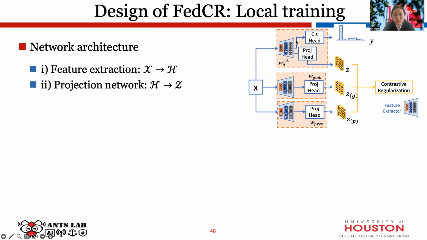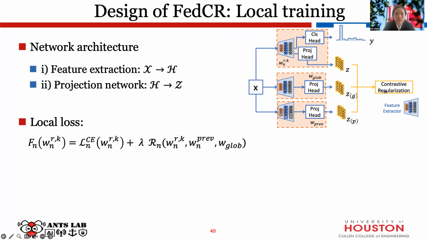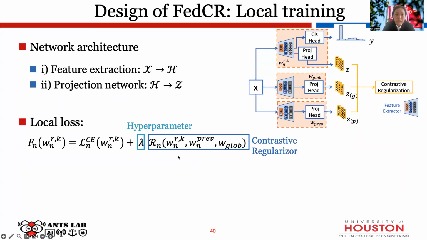And the feature map is also attached to a classification head to do the image classification task. So we aim to introduce this regularization term in our training objective. Here lambda represents the hyperparameter, and the contrastive regularization is defined in these equations.